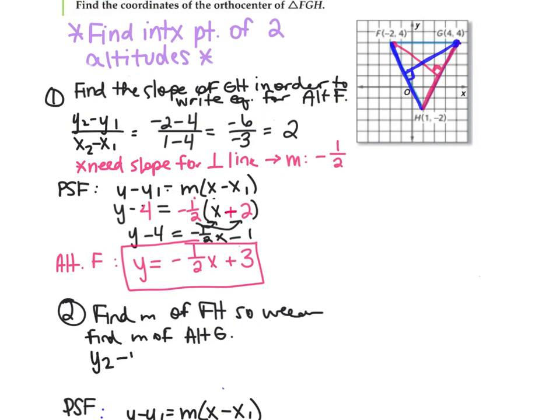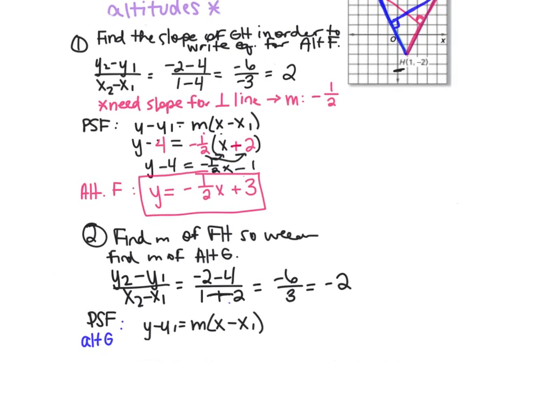So y2 minus y1 over x2 minus x1. All right. FH we see is here and here. Use those coordinates. We have negative 2 minus 4 and 1 minus a negative 2, which becomes a positive. Okay, so negative 6 over 3. Negative 2. Okay.